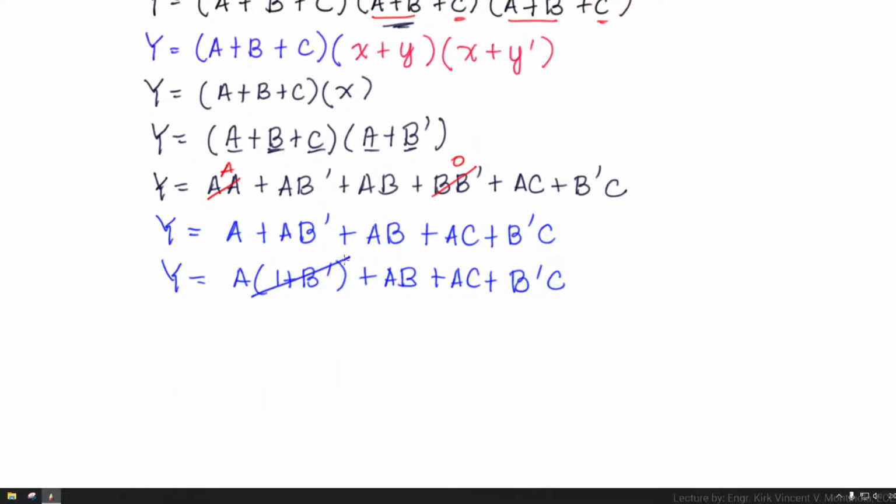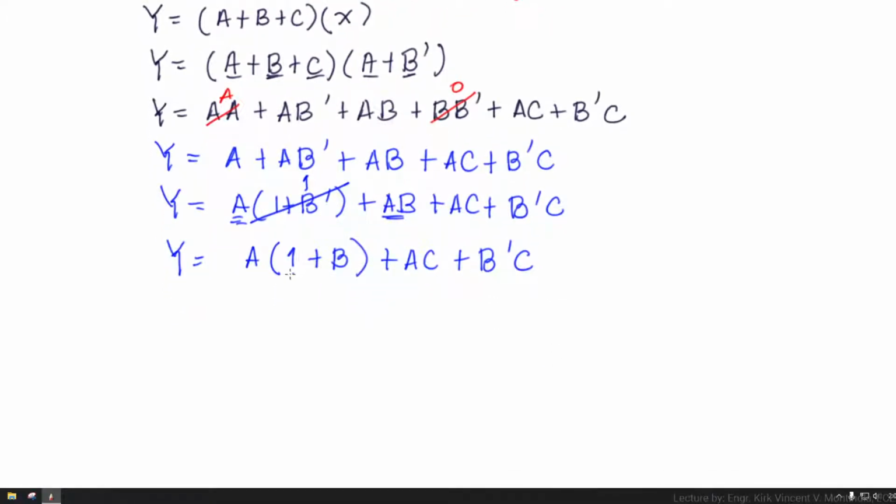Okay, next. This is evaluated as 1, right? Identity. Then, Y is equal to, notice, what remains here is A, then A is common here. So, I would be factoring out again the A. So, A remains, which is 1 plus B, and then plus AC plus B prime C.